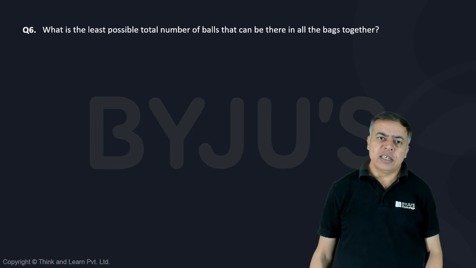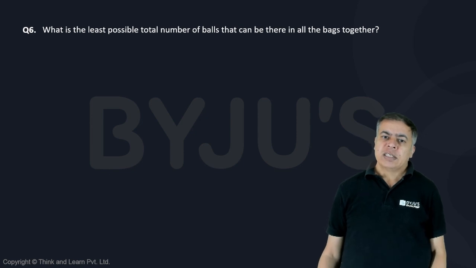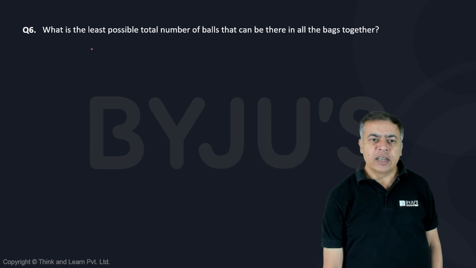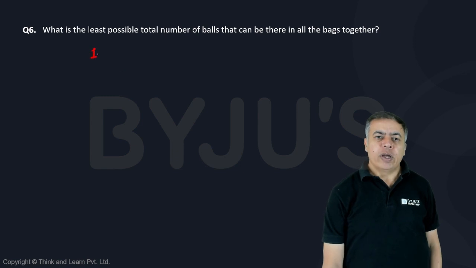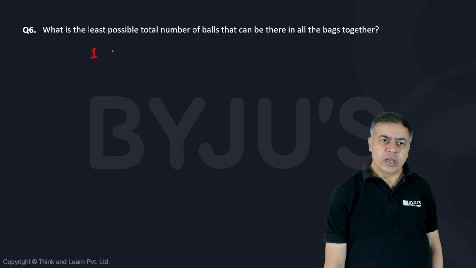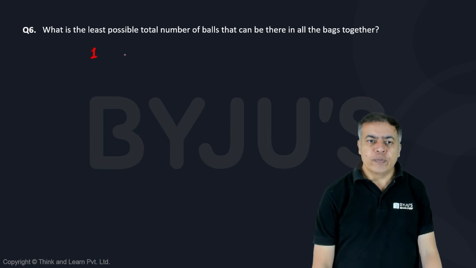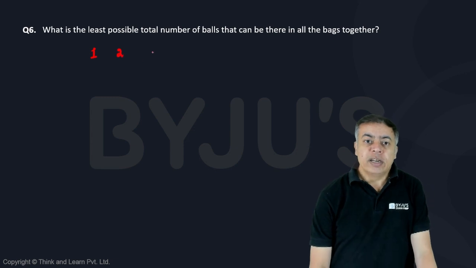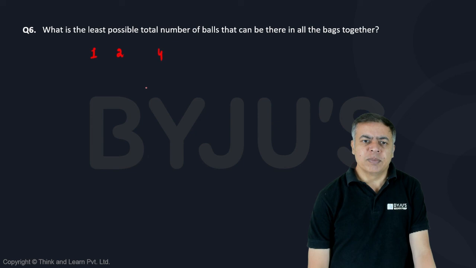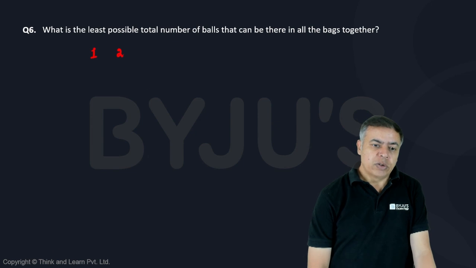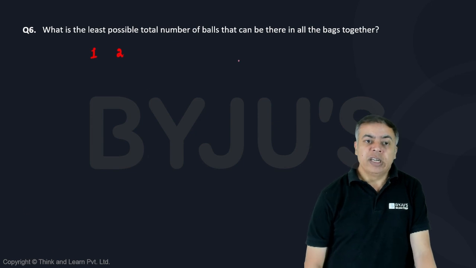And that is, what is the least possible total number of balls that can be there in all the bags together? Together we have already done this case, that it was when red is 1, green 2 was not possible, because if green is 2, the number of white balls, which was 3 into 1 plus 1, that is 4.